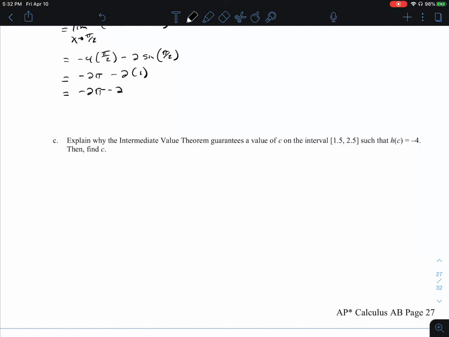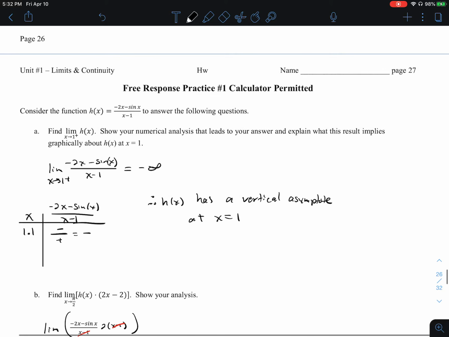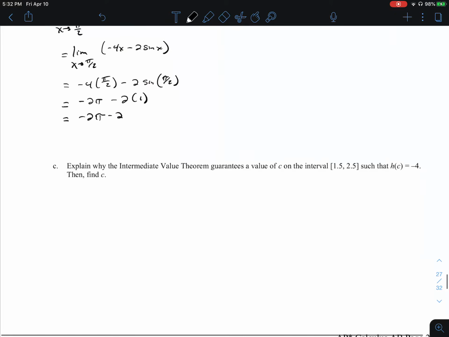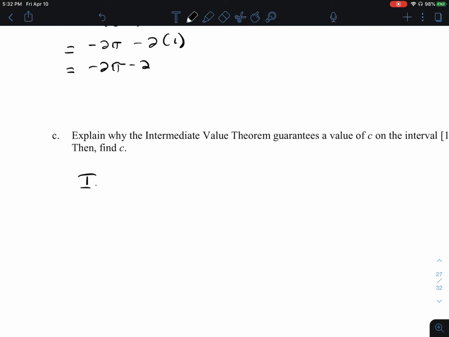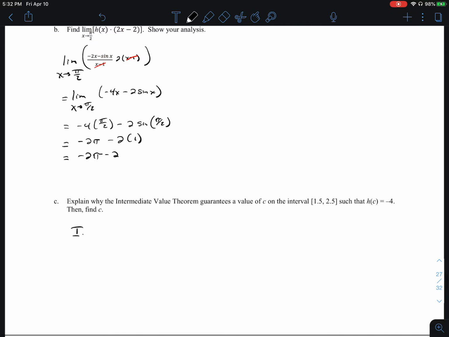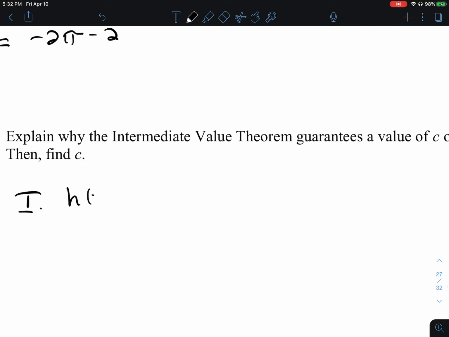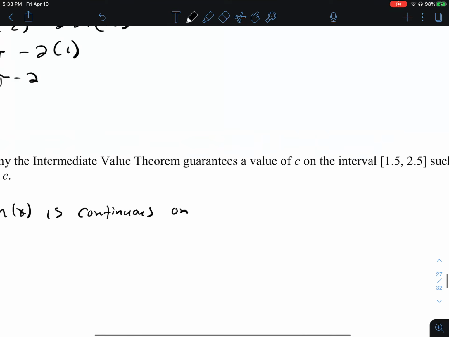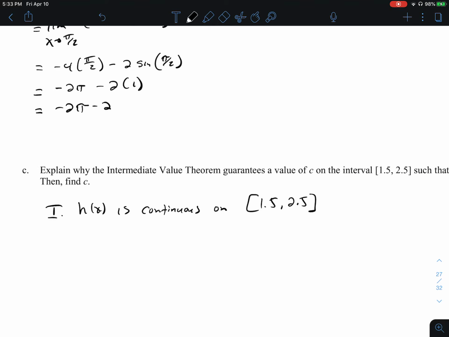For the intermediate value theorem to work, function has to be continuous from 1.5 to 2.5. And the only place that this is discontinuous is at 1. That's not on this interval. So h of x is continuous on the interval from 1.5 to 2.5.